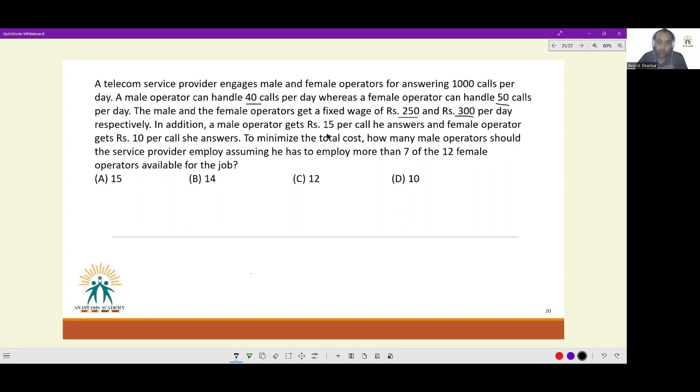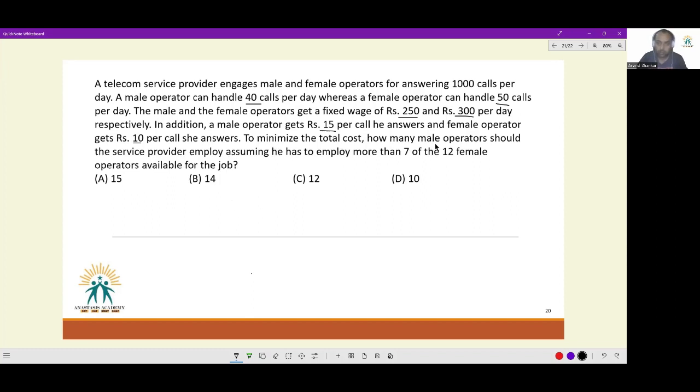In addition, a male operator gets 15 rupees per call he answers. So his daily income is 40 into 15, 600, 600 plus 250, 850. And a female operator gets 10 rupees per call she answers. So 50 into 10 is 500, 500 plus 300, 800.